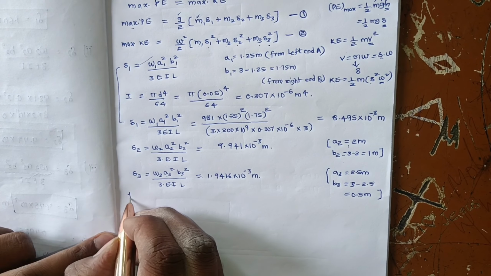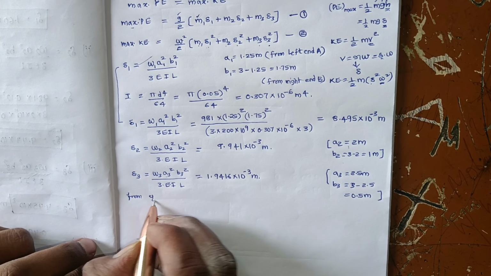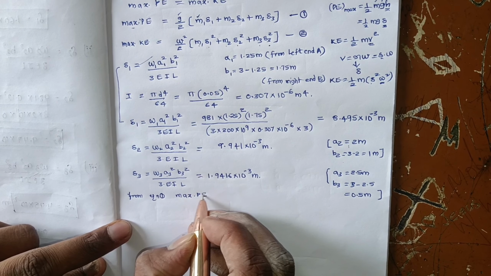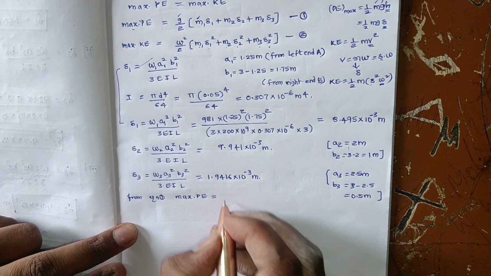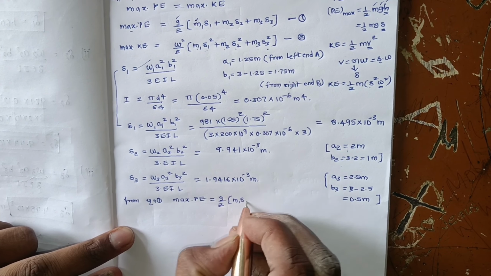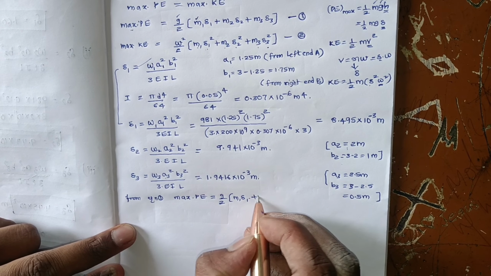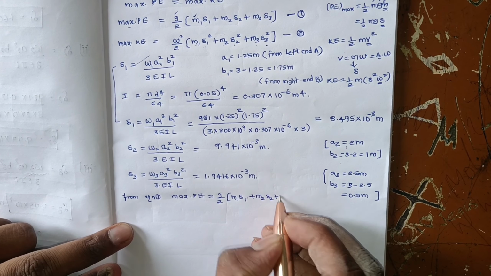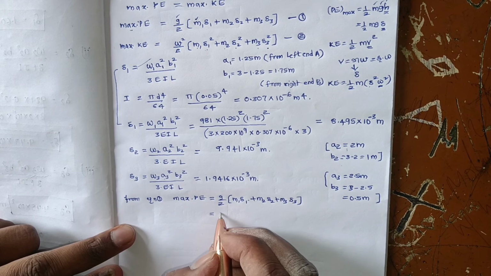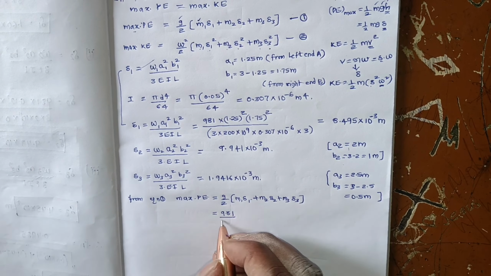So from equation 1, that is maximum PE, g by 2 times M1 delta 1 plus M2 delta 2 plus M3 delta 3. You have to substitute direct values. g is 9.81 by 2.